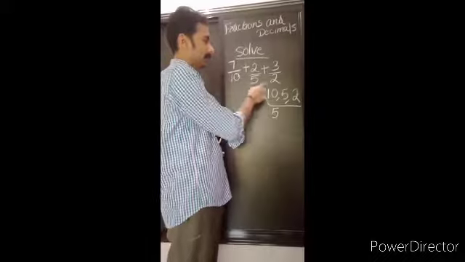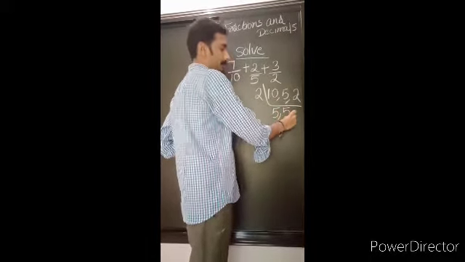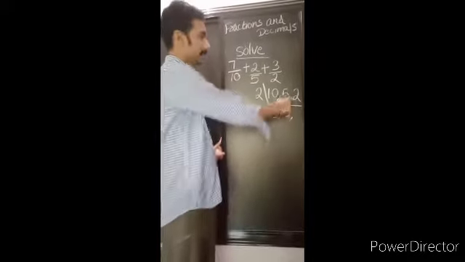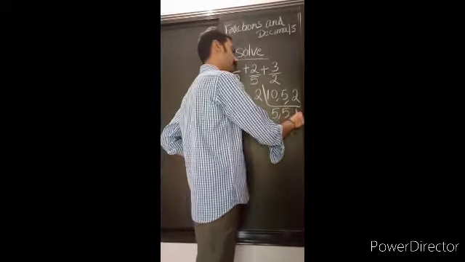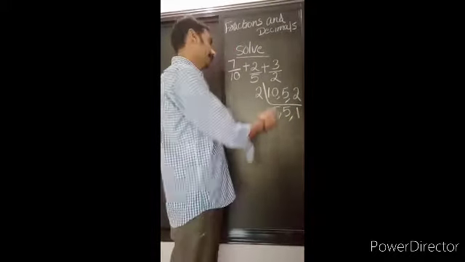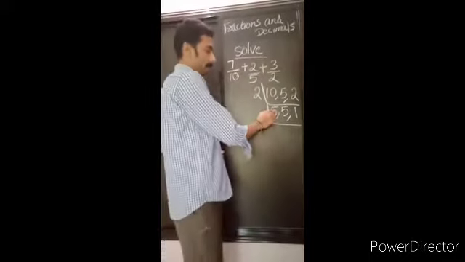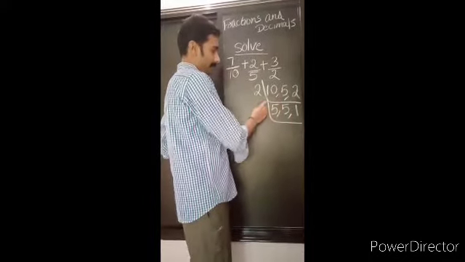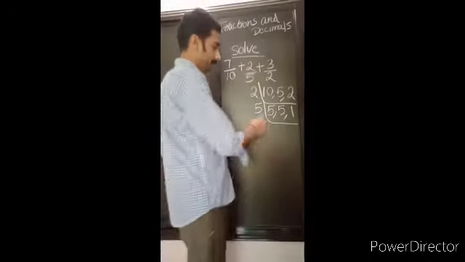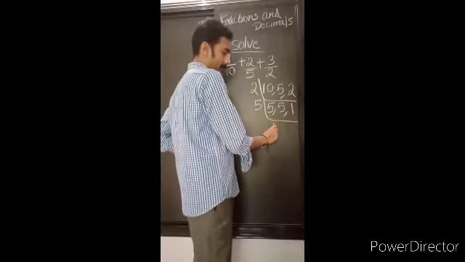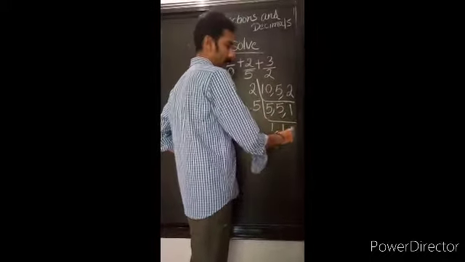Then 5 is not divisible, it is common, 5. Then 2 divided by 2, 1. Then 5, 5, 1 is divisible by 5. 5 divided by 5, 1. 5 divided by 5, 1.